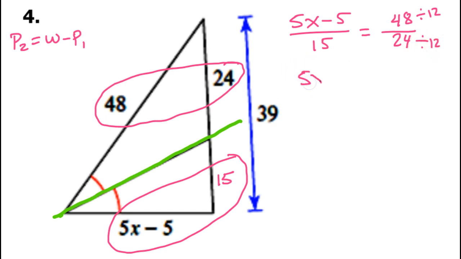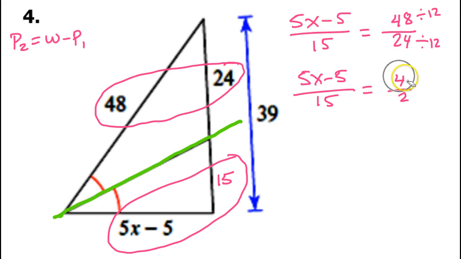So this is going to give me 5x minus 5 over 15 equals 4 over, oh, you know what, I started to say this is going to be 4 over 2, but then I'm like, well, that reduces even further, because 4 over 2 is just 2.